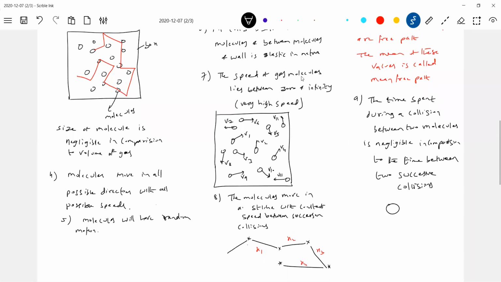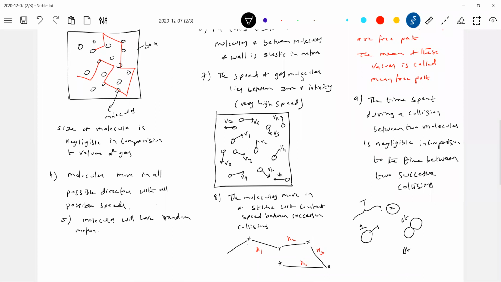Suppose there is a molecule, it'll go and collide. So what is the collision time? Delta t. And what is the time it will take to move here? Capital T, I'll write it. Time taken to cover the distance.